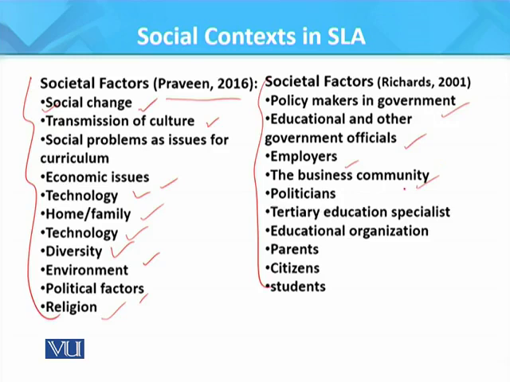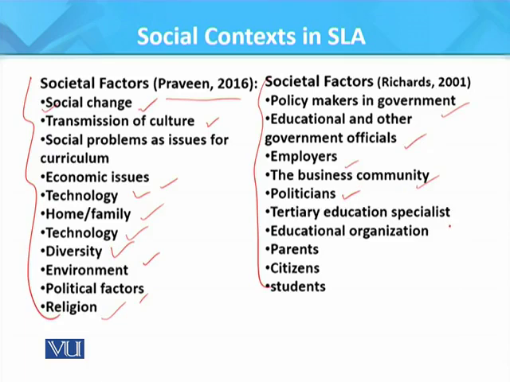The business community is basically a potential employer, so they provide feedback to the academia, the requirements they would like to have in terms of what they would like to see in their graduates, the skills, the intellectual ability. Politicians, again, the political factors.